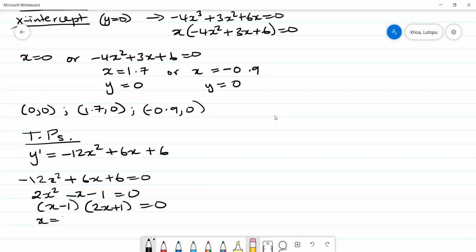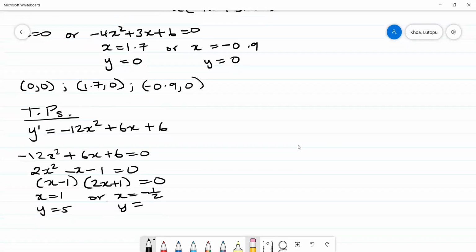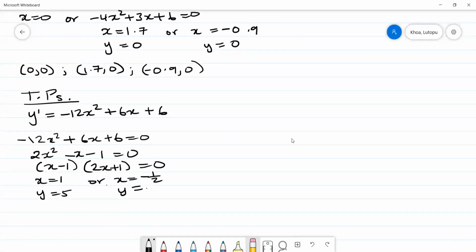So we have x is equal to 1, or x is equal to minus a half. The y-coordinate here is 5. The y-coordinate over here is negative 7/4. Okay, so our turning points are 1, 5 and minus a half, minus 7/4.